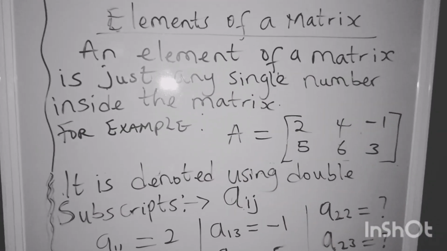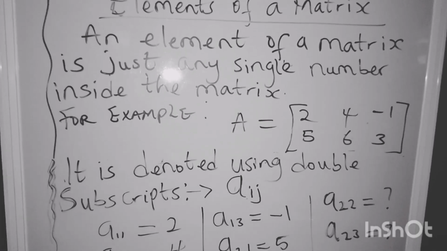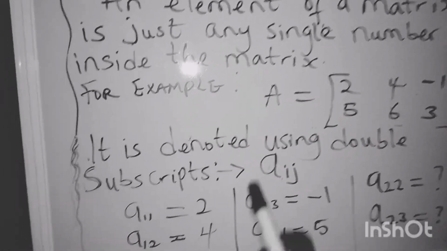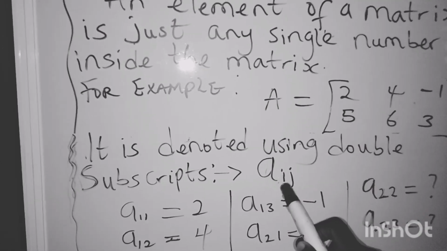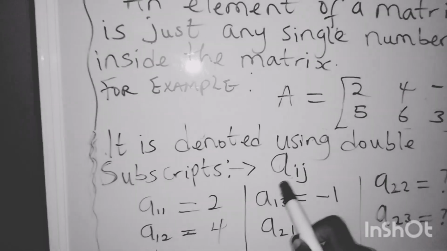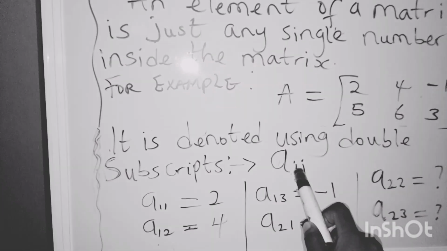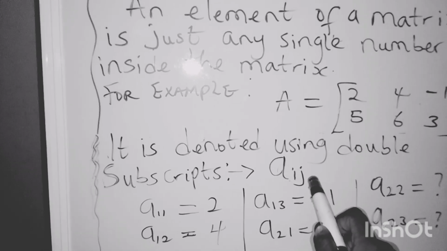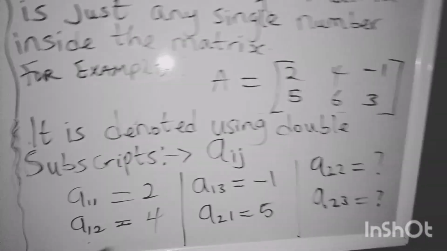Now, let's look at how we can understand elements. Elements are denoted using double subscripts. What do I mean? For example, in matrix A, if you are looking for a particular element, you write it in subscript ij. What do I mean by ij? i is the row number, and j represents the column number.